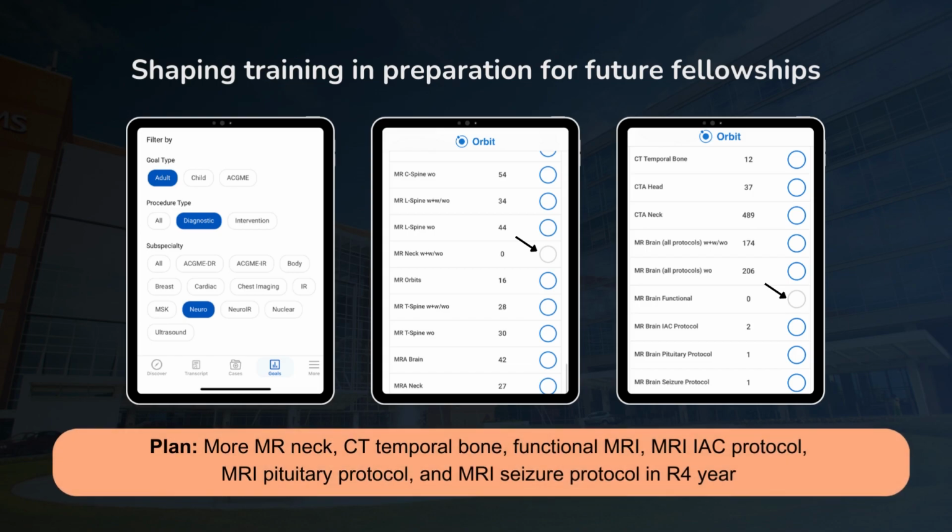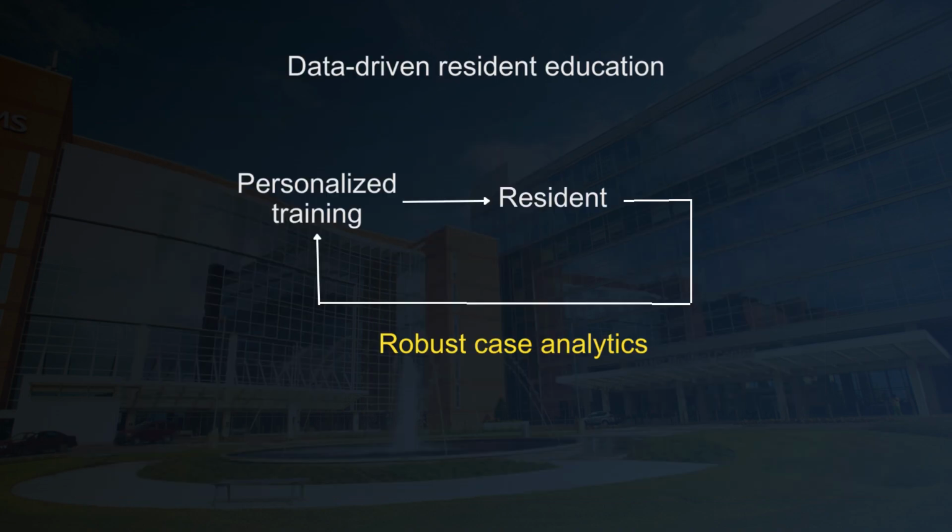And for this resident who was interested in pursuing a neuroradiology fellowship, we were able to rapidly identify that the resident was deficient in subspecialty experience related to MRI neck or functional MRI and MRI seizure protocols. So these were just examples of individual case types, but with a foundation of robust case analytics, we can strive towards a vision of personalized, objective, and equitable training programs.